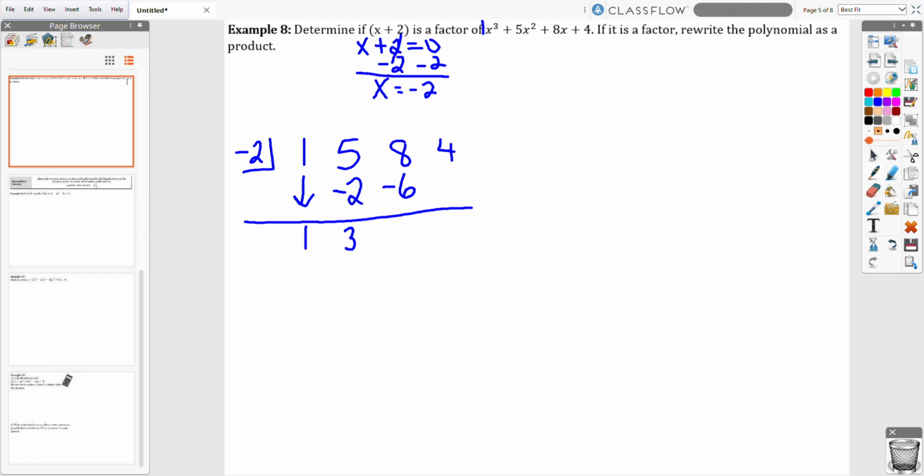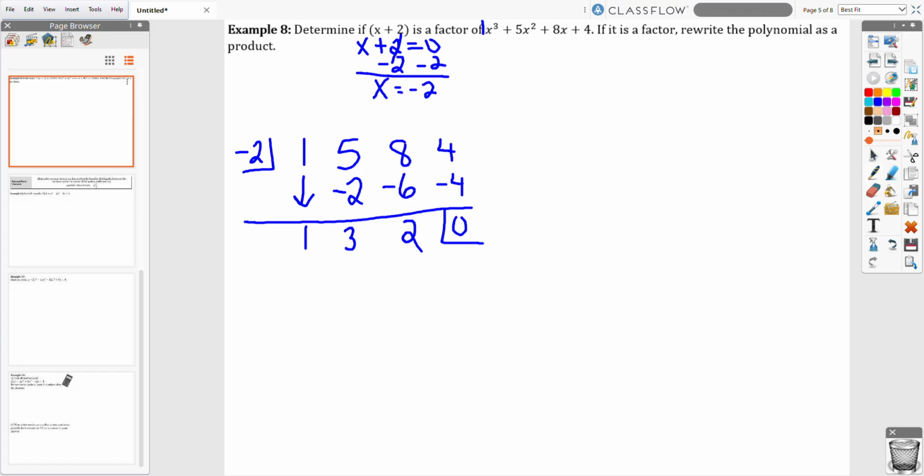Then we add straight down. So 8 plus -6 is 2. And again, we multiply by the -2 in the box to get -4. And when we add straight down this time, we get 0. So remember that last number is your remainder. And because the remainder is 0, now we know that yes, x plus 2 is a factor of this polynomial that was given.